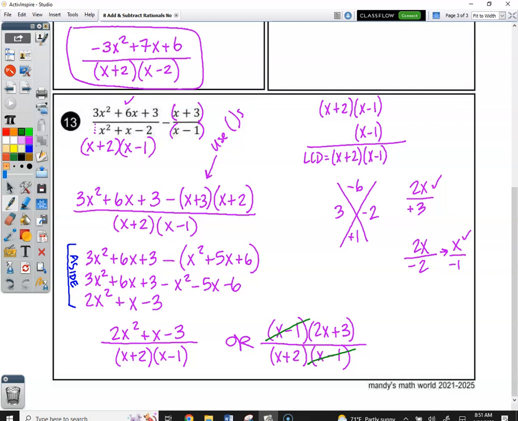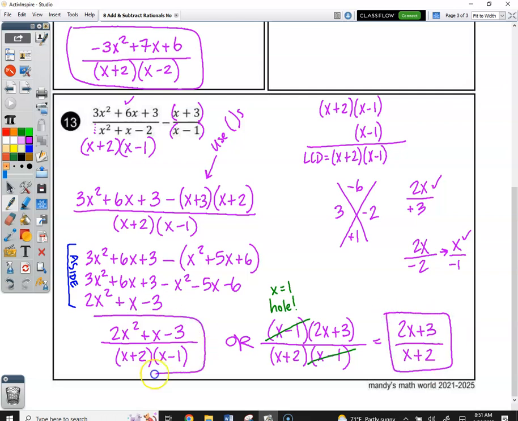Does that make sense? Which is why I wanted to work this one, because this hasn't happened on the others. If I just say simplify, I'm fine with you getting here. If I say simplify and state any holes in the graph, I need you to get here.